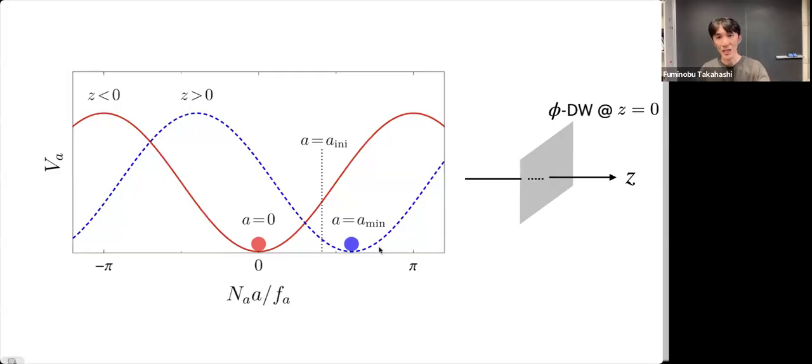And their potential minima are different because the phi field takes different values. Okay. And the induced domain walls appear connecting this vacuum and this vacuum. And please note that the distance between the two vacua is generically smaller than 2 pi Fa. So the tension of the induced domain walls is generically smaller than that of the ordinary domain walls of the QCD axion.